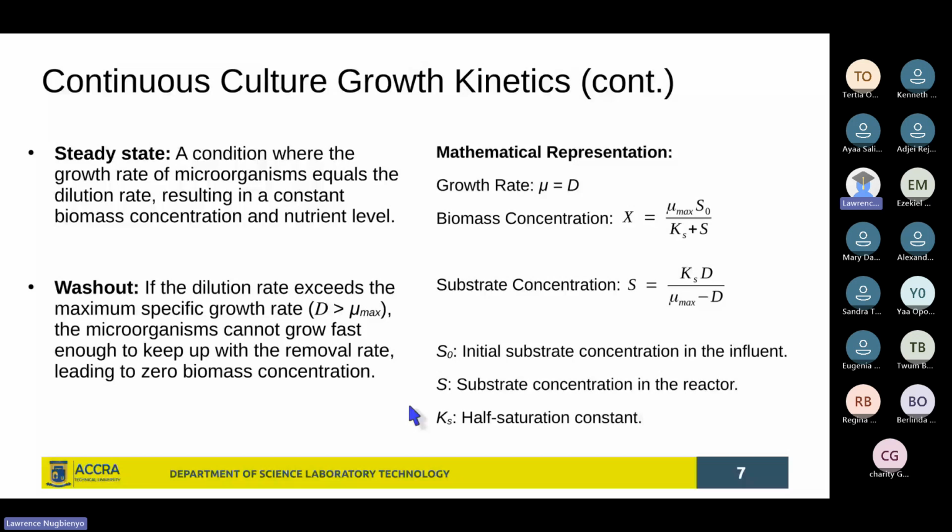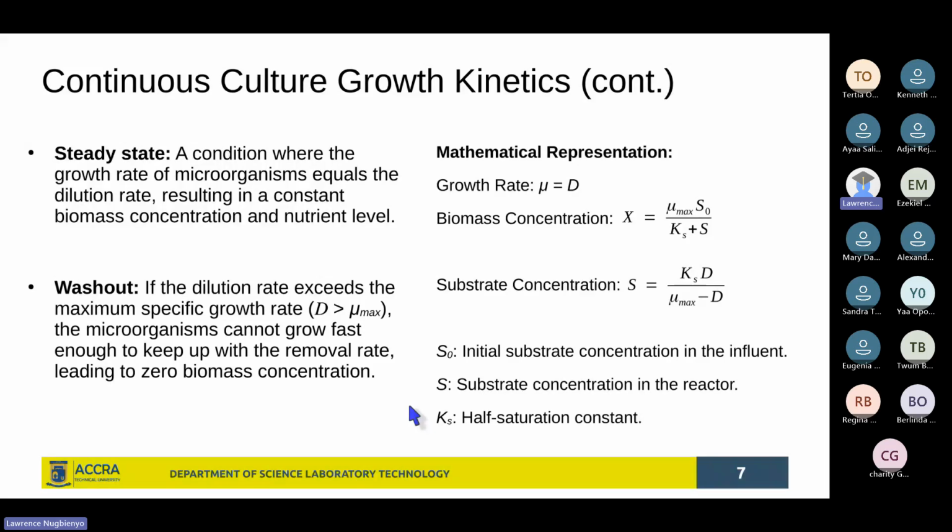Also, if you're looking at the kinetics of the continuous culture, looking at that first equation that we looked at, which is the Monod equation, the steady state, and what we even refer to as washout, these states can also be represented mathematically. So what do we mean by the steady state?